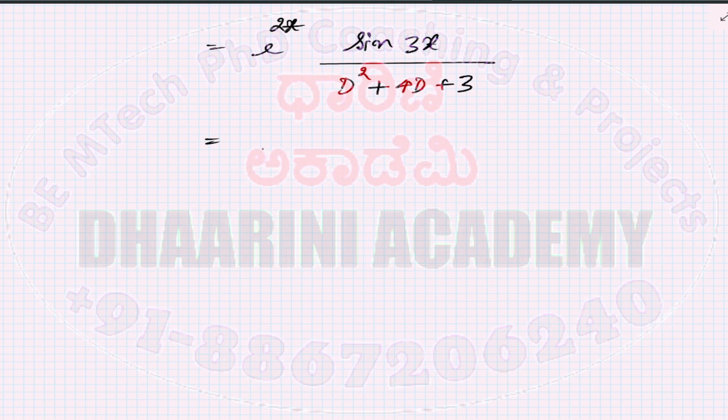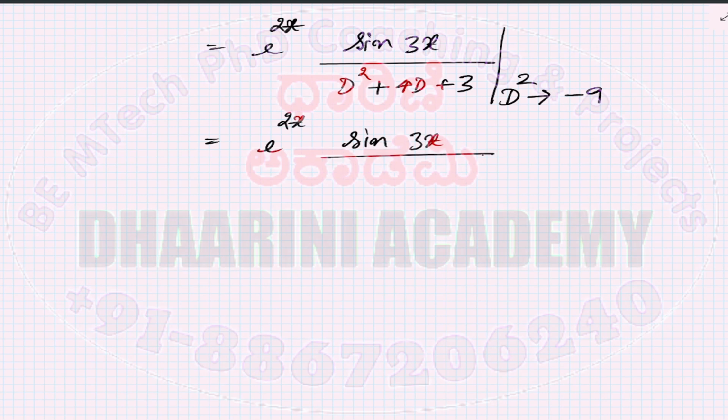Okay, so let's simplify that now. This is equal to e to the 2x. Now I can see that replace D square by minus of a square, that is minus 9. This means it is sine 3x divided by minus 9 plus 4D plus 3.